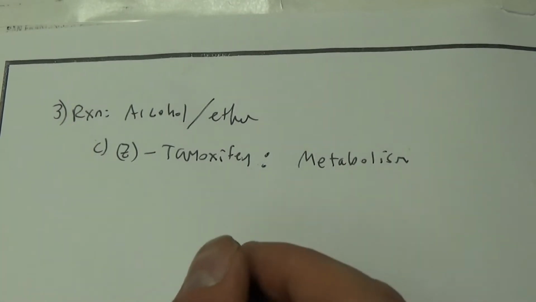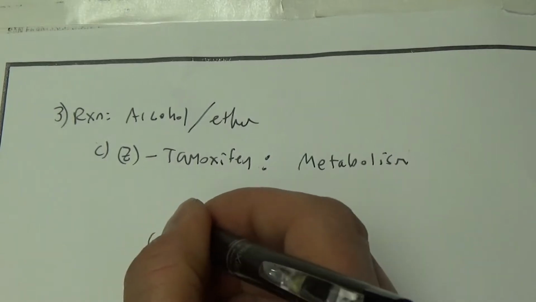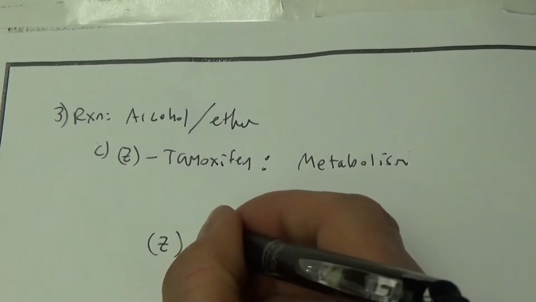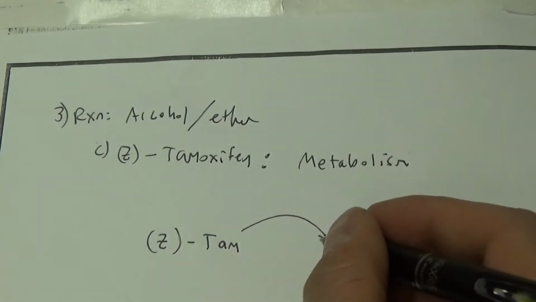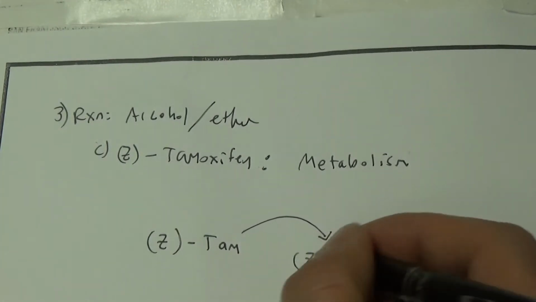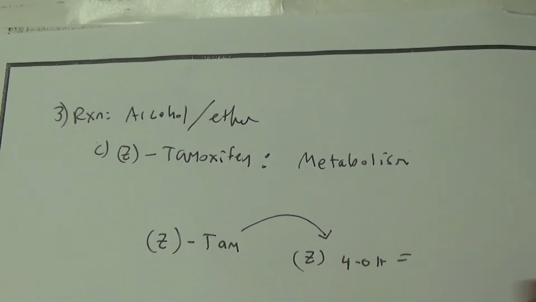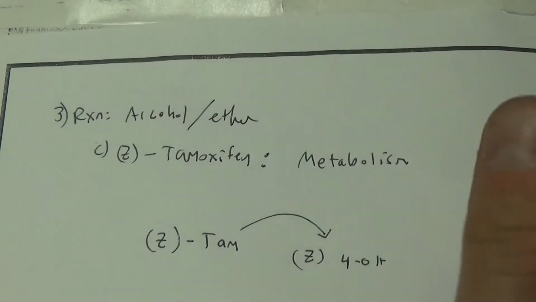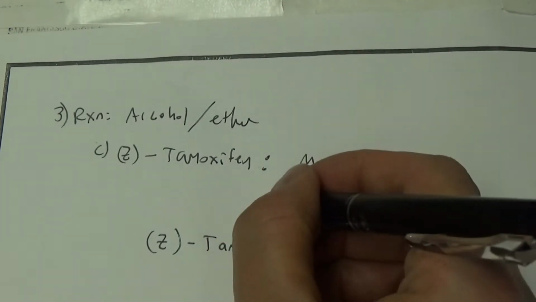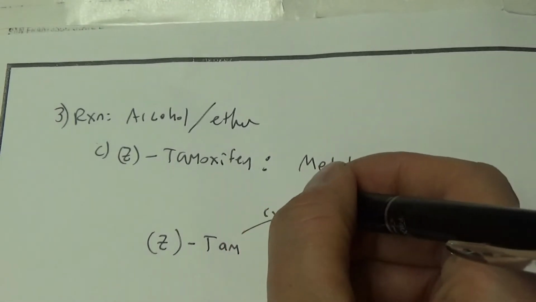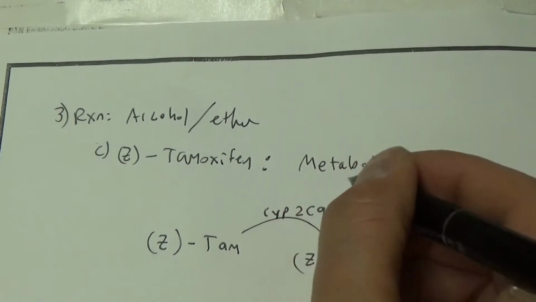Okay, so the reaction we're talking about is essentially Z-TAM, tamoxifen, being converted to Z4-hydroxy-TAM. And this is done, for example, by Cytochrome P450 isoform 2C9.